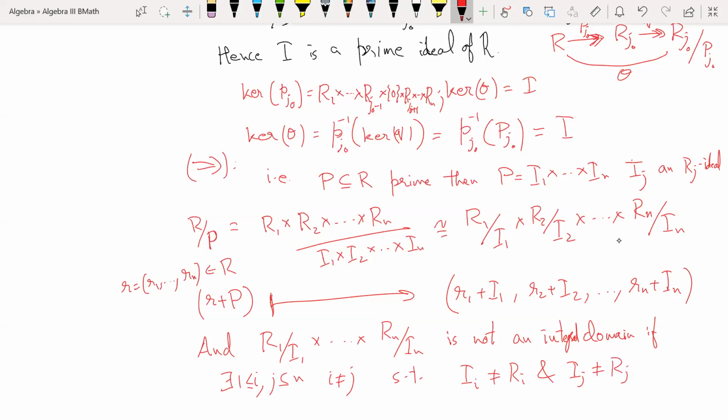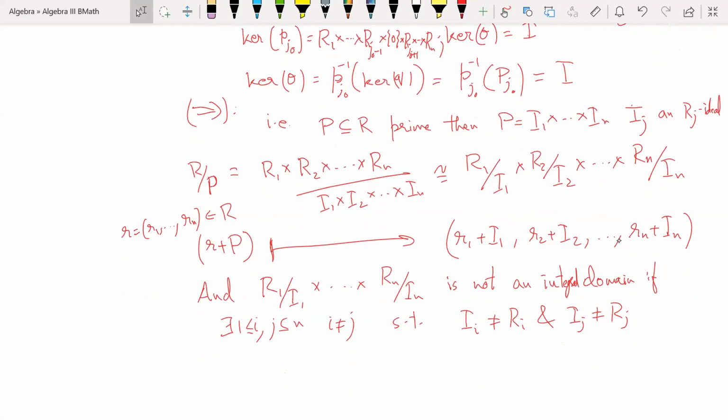Because as soon as you have two ideals that are proper ideals, then this is not going to be an integral domain, because then you can take the elements with all zeros except in the ith factor, so maybe I will call it Ei, the ith factor, and similarly Ej, belongs to R.